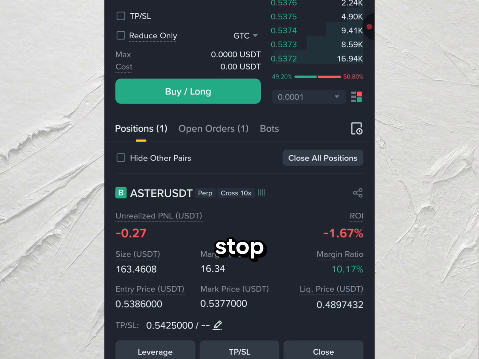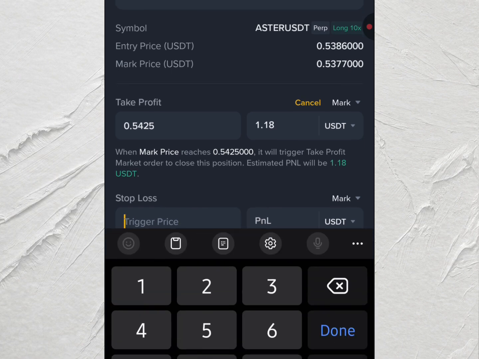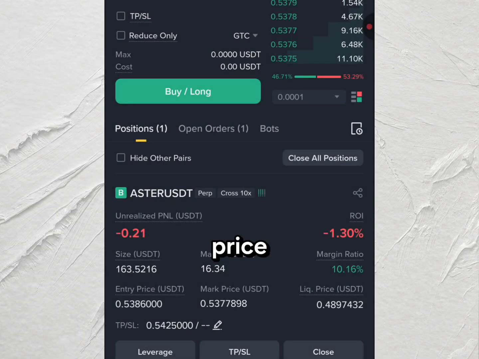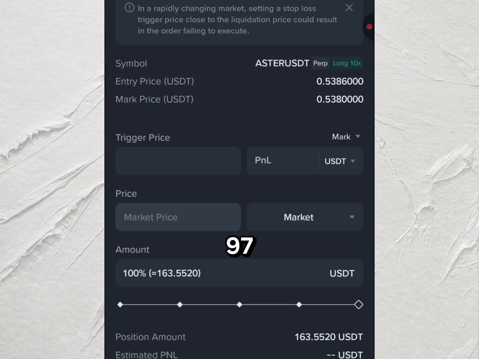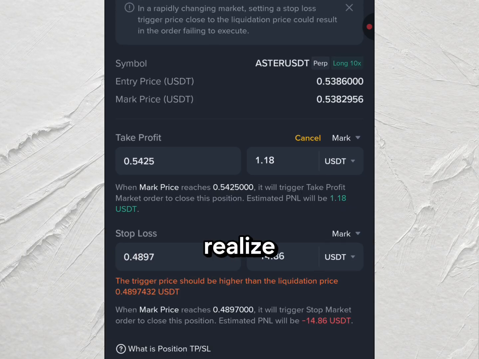But if you have your stop loss in place, your liquidation price is going to be useless, because definitely your liquidation price cannot be used as your stop loss. If I try putting in that liquidation price at 0.4897, you get to realize that they will not allow me to place the order. Look at it, the trigger price should be higher than the liquidation price.